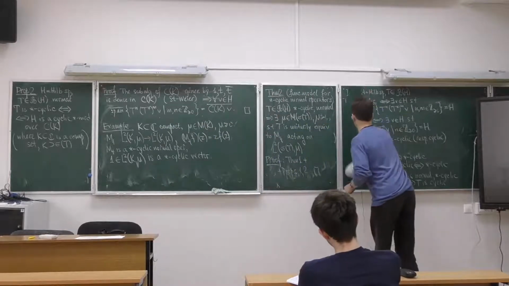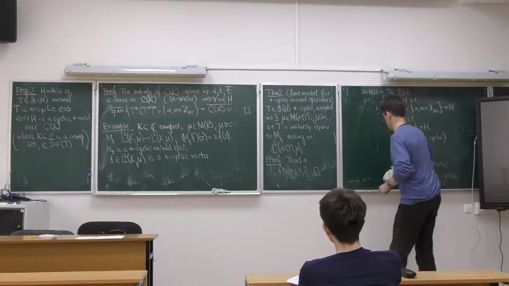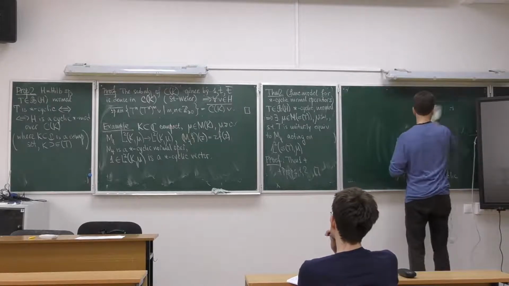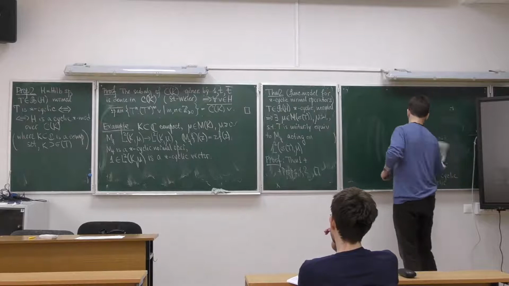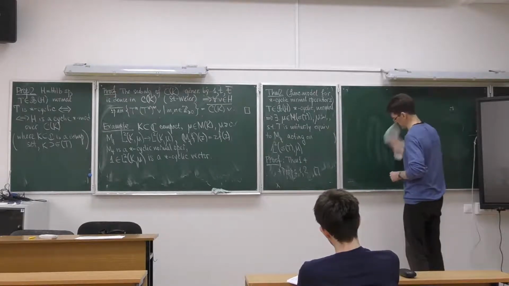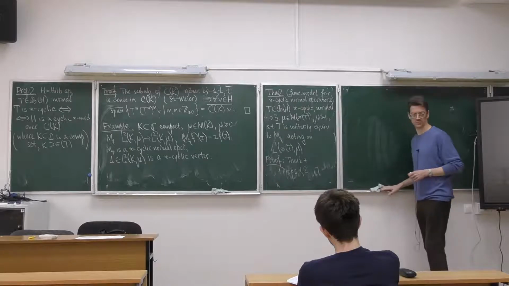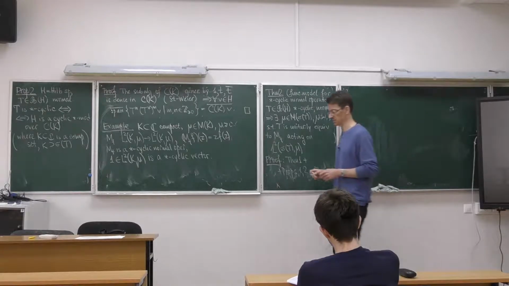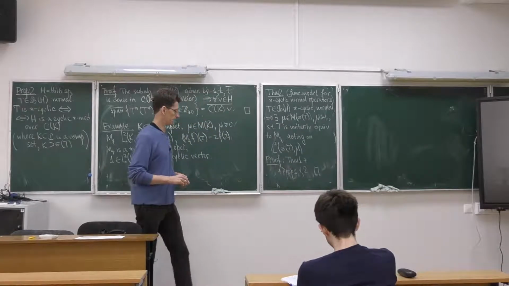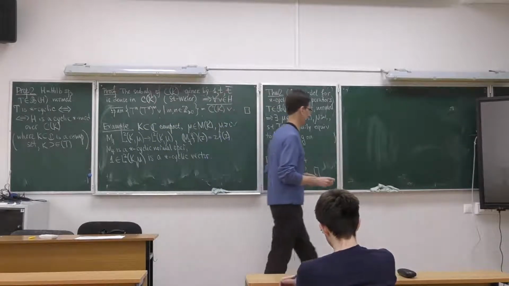Okay, so now we proved our functional model theorem for cyclic star modules and for star cyclic normal operators. Our next goal will be to extend it to arbitrary star modules, not necessarily cyclic, and respectively to arbitrary normal operators. And before we can do it, let's discuss some general constructions.